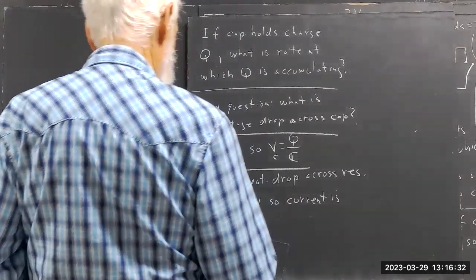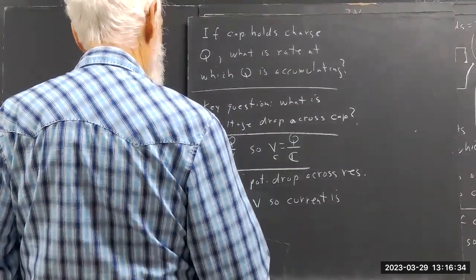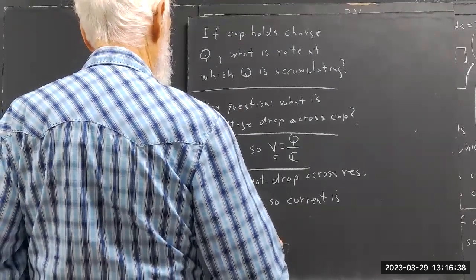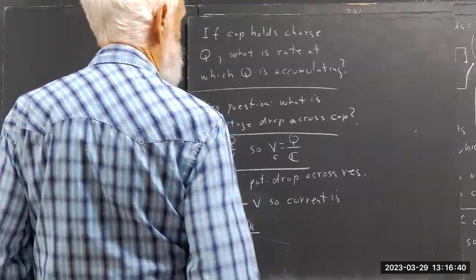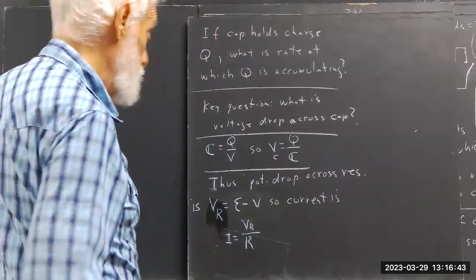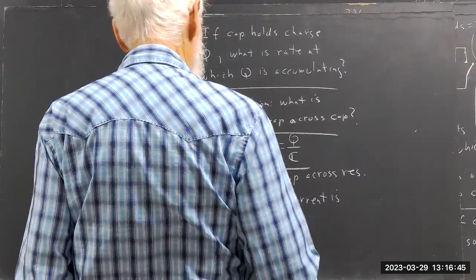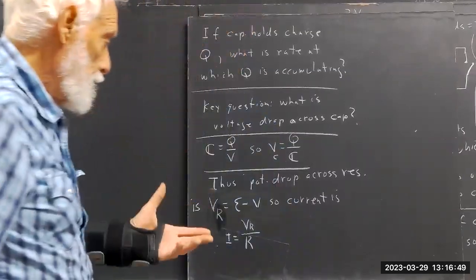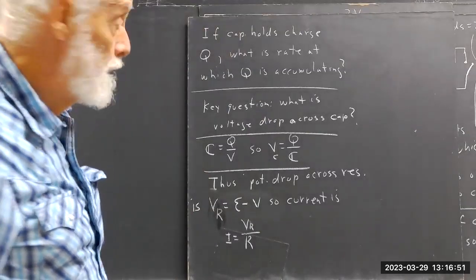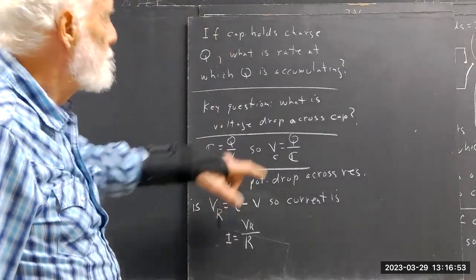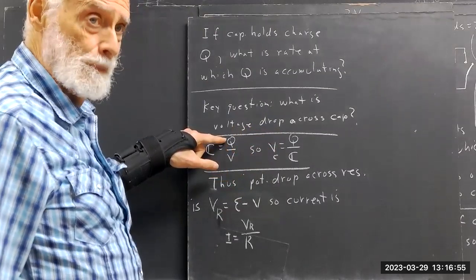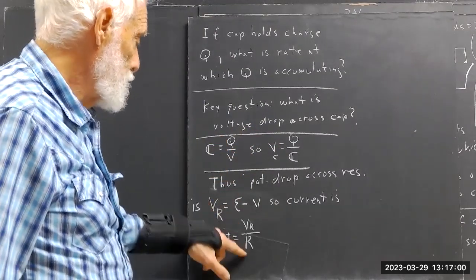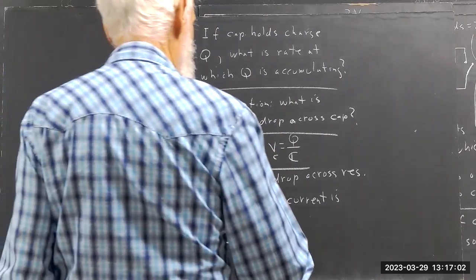The expression for current is voltage across the resistor divided by R. Okay, well, you can work that out. But since I just gave you Q as a symbol, we really don't need much more than this.